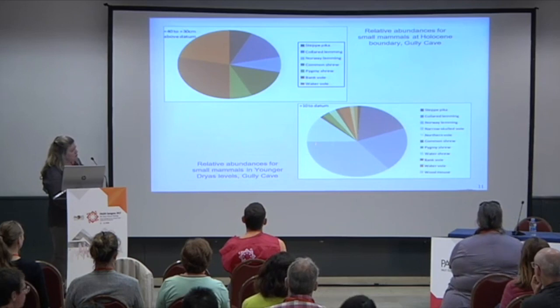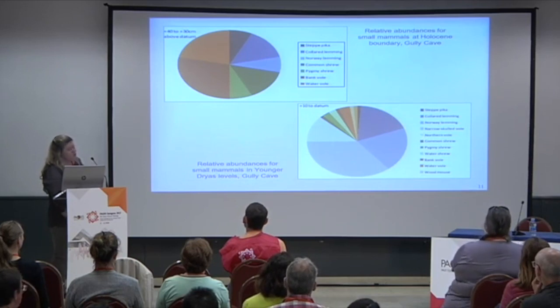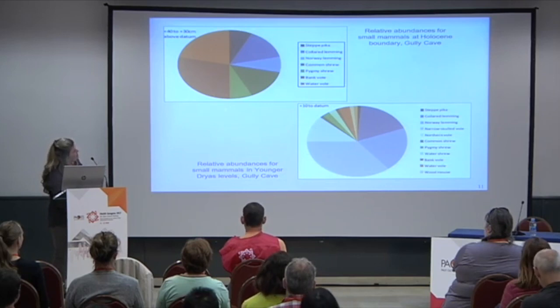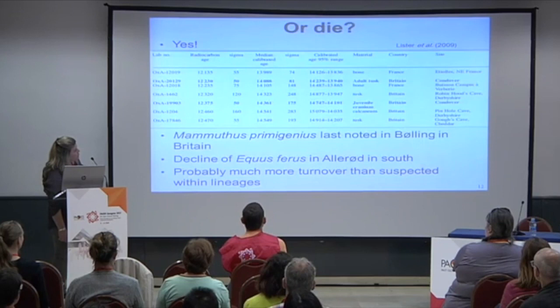In the blue, there are predominantly the cold-adapted taxa, but there is still a substantial proportion of species that require wooded or rather more temperate conditions. And in fact, as we get into our highest Holocene levels, we see our collared lemmings and Norway lemmings hanging on here, but a large change in terms of overall composition of the fauna.